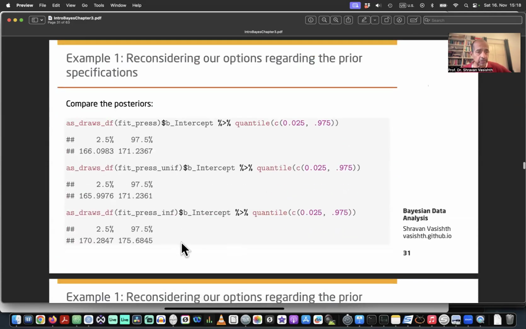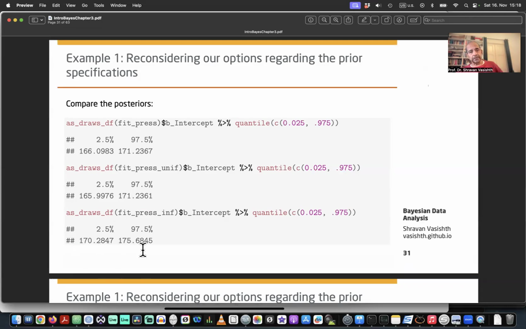So now let's compare all three credible intervals for the intercept. It was 166, 171 for the original model that I fit with the very uninformative priors. I got 165, 171, which is pretty similar. For the informative priors, however, I see a shift to the right of the credible interval. You can see that the interval has become relatively tight compared to the other two cases, and it's shifted a little bit to the right.